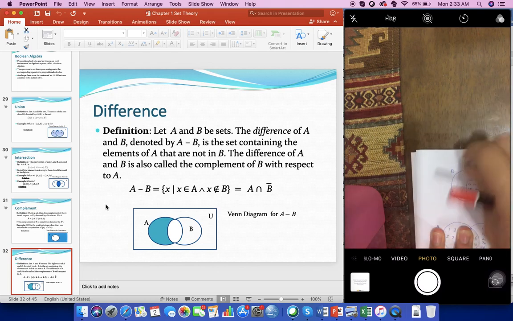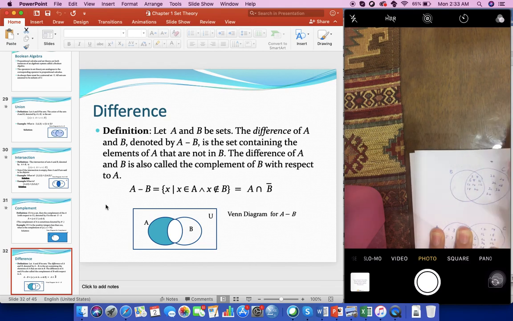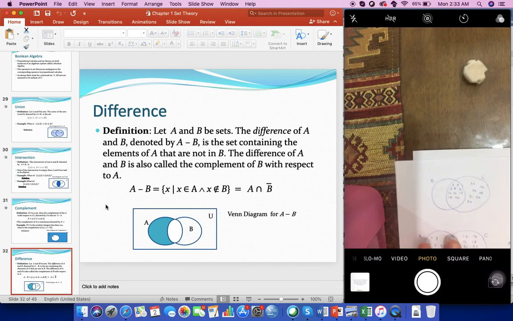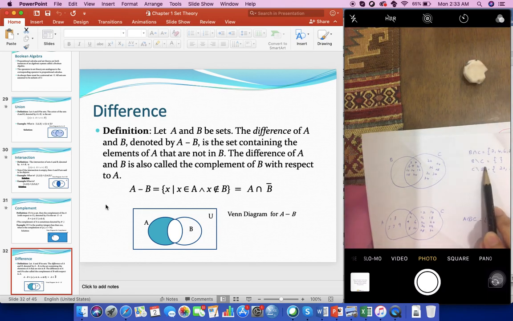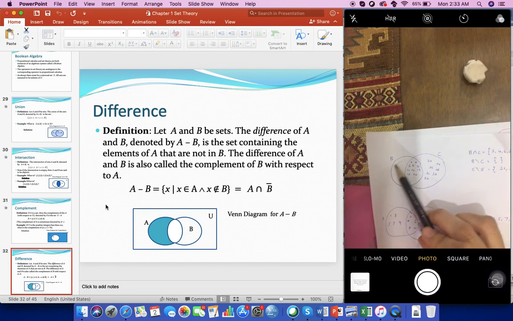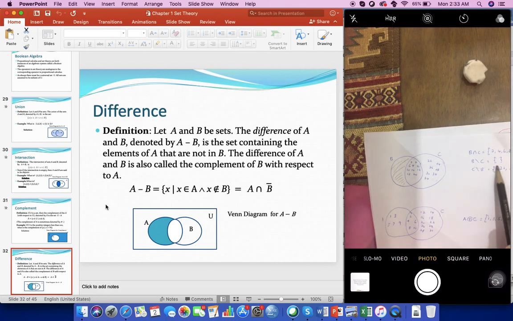How about B difference with C? So B difference with C is here, which doesn't have any element, so you just put the empty set.